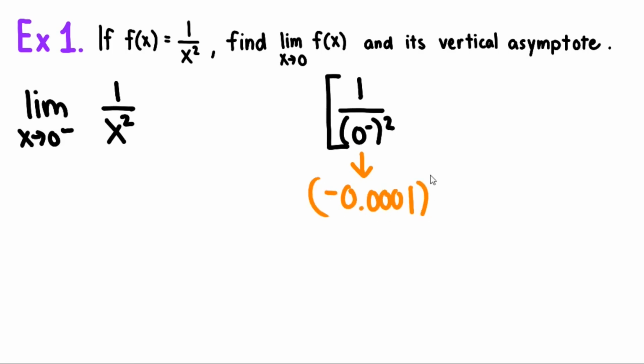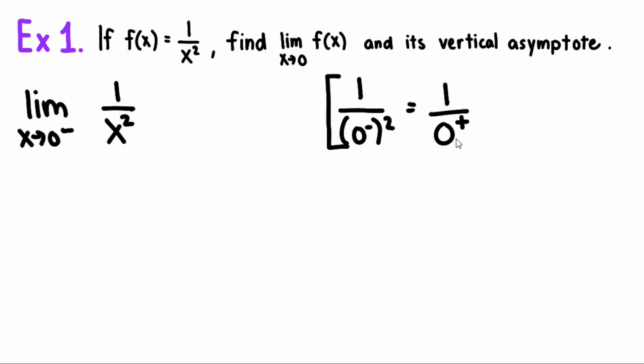If we square this one, we'll have a positive value that is still close to 0. So this will be equal to 1 over 0 with a positive sign to denote values from the right of 0. Clearly, since these two are positive, and we are of the form constant over 0, wherein this is positive, we say that this approaches positive infinity. So the limit for this one is equal to positive infinity.